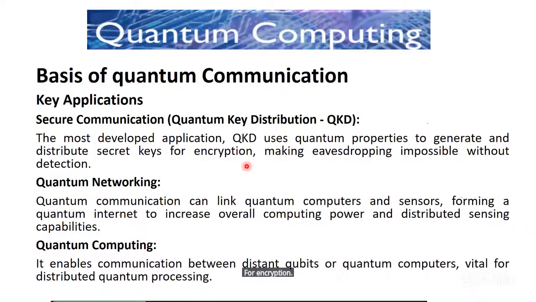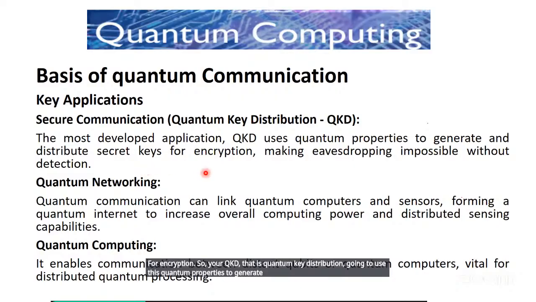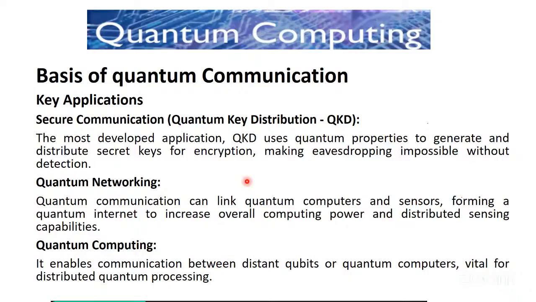So your QKD is going to use these quantum properties to generate the secret keys for encryption, so that if a hacker is trying to hack my data, I can detect it immediately. I'll come to know that in the case of my quantum communication.